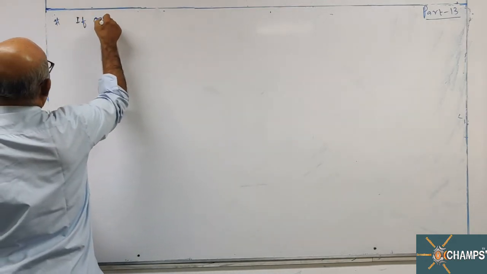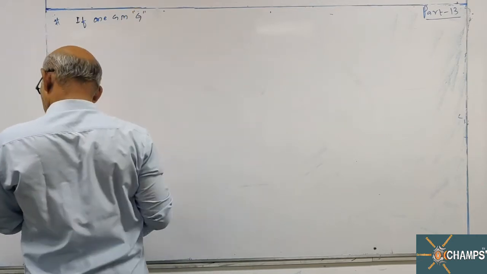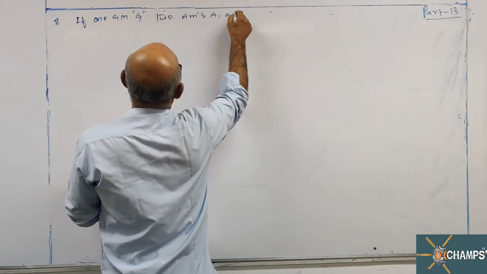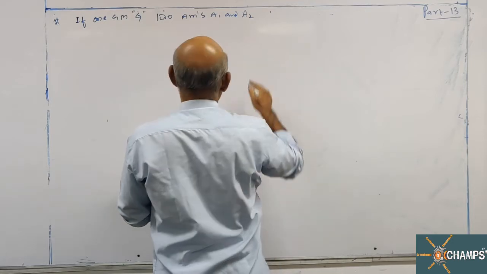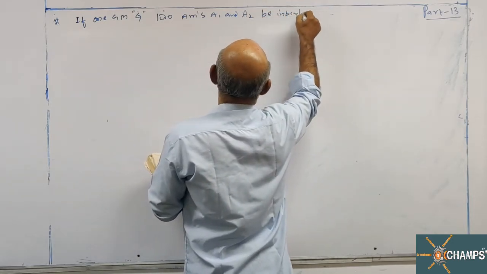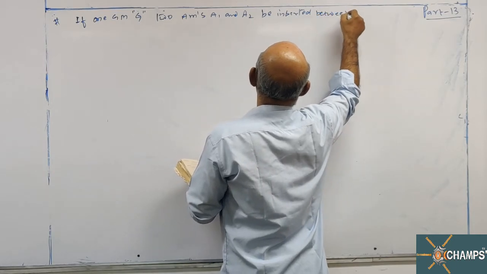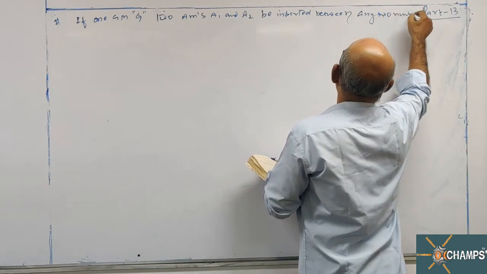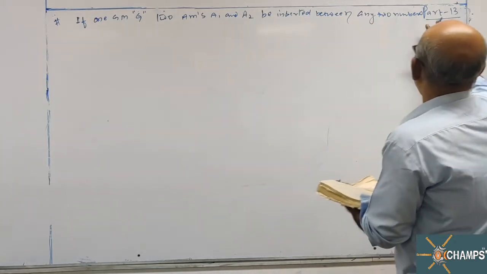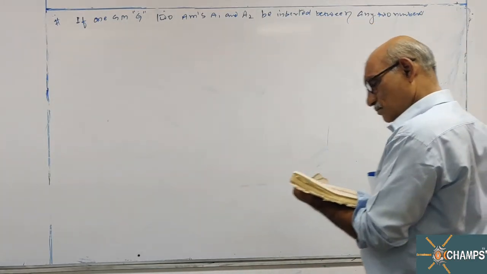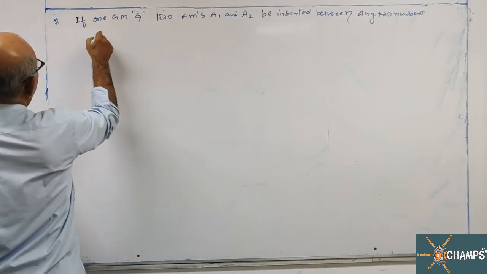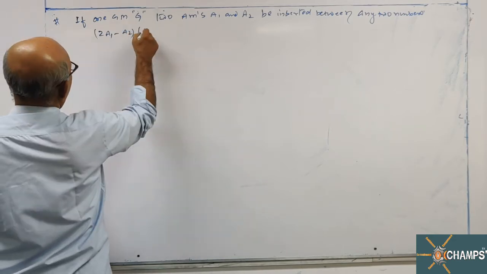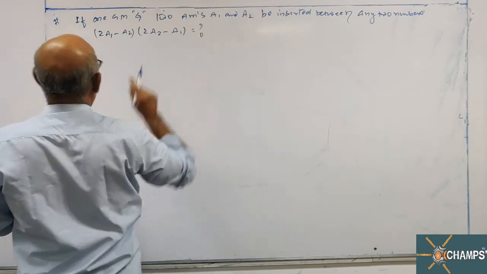If one geometric mean G and two arithmetic means A1 and A2 are inserted between any two numbers, then 2A1 minus A2 into 2A2 minus A1 is equal to question mark.